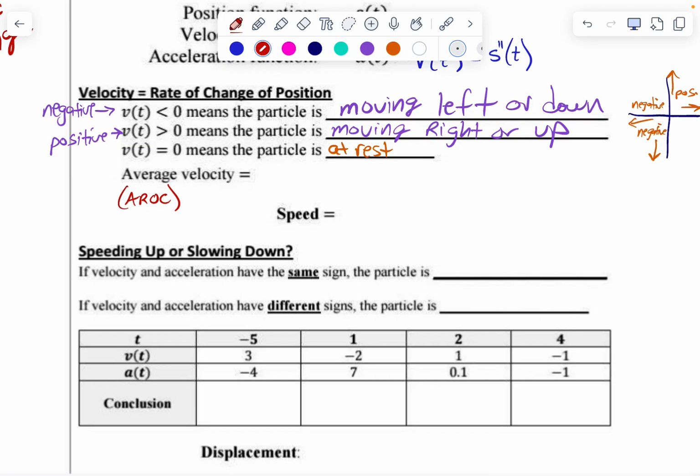Anybody remember? Isn't it just like the slope? But how do we calculate it? Like, how does this look in calculus? That's algebra 1. Calculus. How does it look in calculus? F of A minus F of B over A minus B.